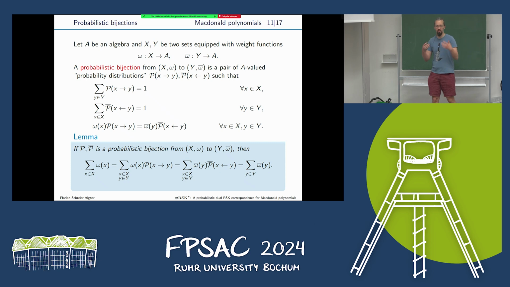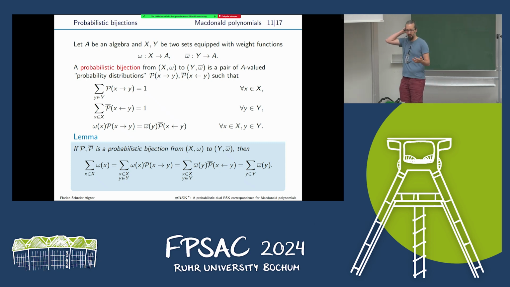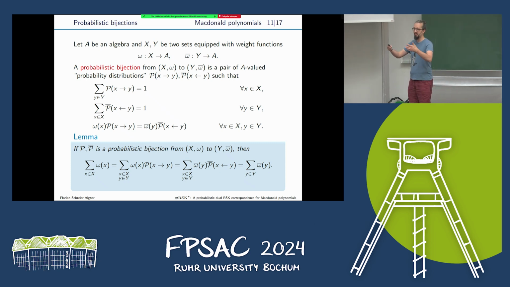So if you find a probabilistic bijection, this shows that the weighted generating functions of those two weighted sets are equal. You can think about this as, instead of proving that a bijection is surjective and injective, you're showing that a bijection is one by constructing its inverse bijection. So this is the idea.